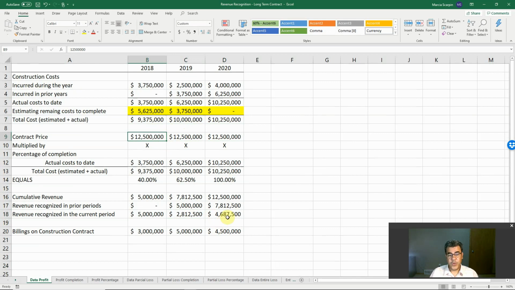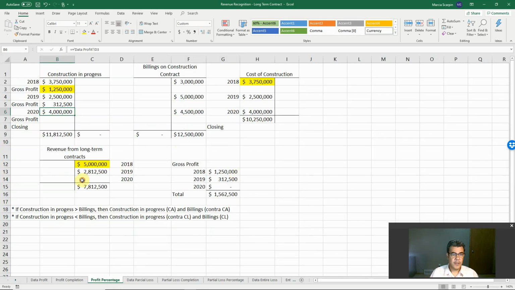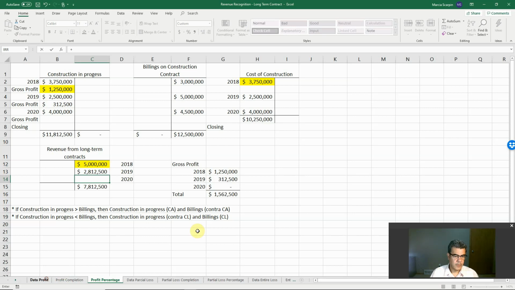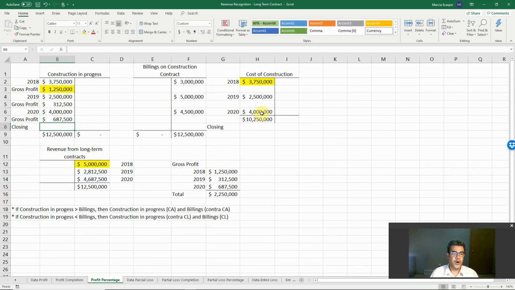Third year, we do the same. So we have here 4.6, and our revenue 4.6. Then the gross profit will be 4.6 less 4, which is 687.